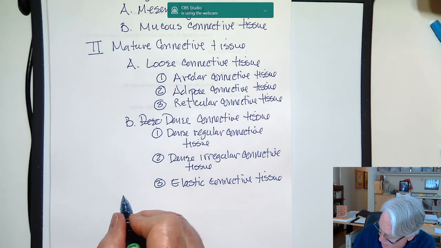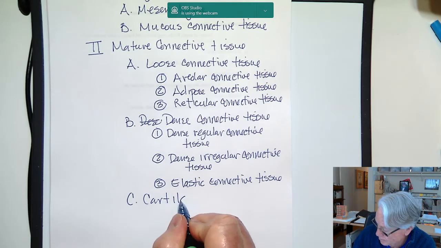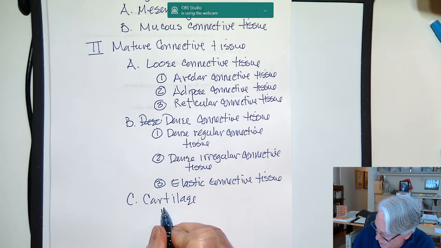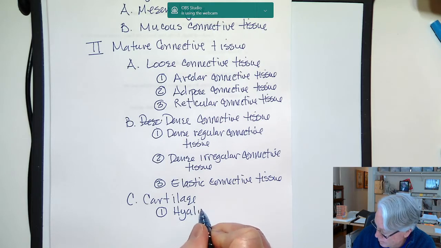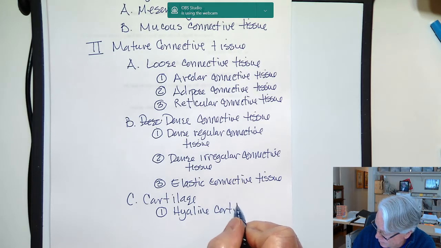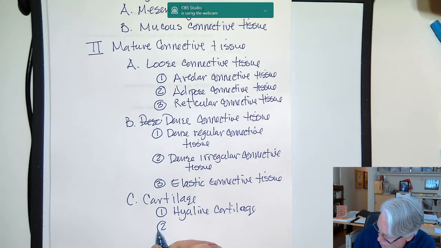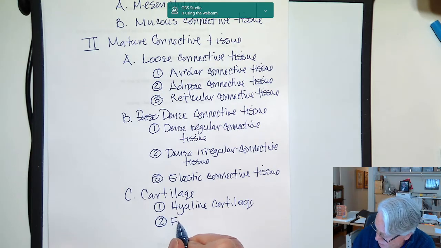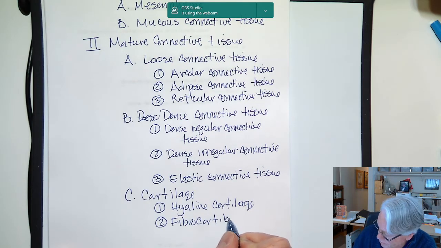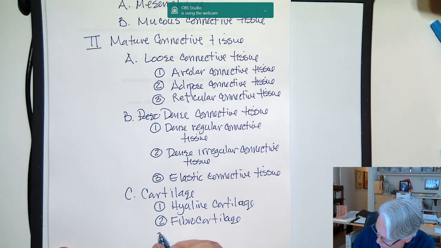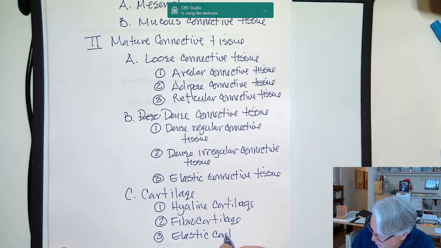And then I'm going to have C, and this will be cartilage. And I'll have under that number 1, hyaline cartilage. Number 2, fibrocartilage. And number 3, elastic cartilage.